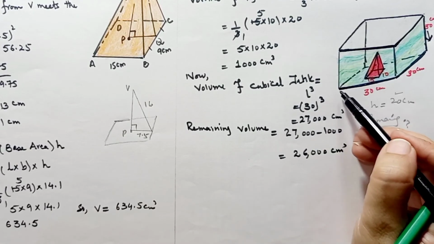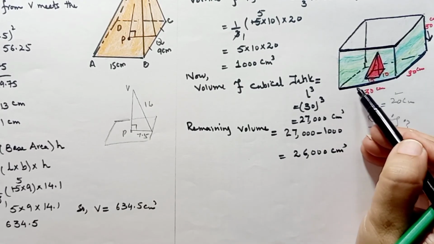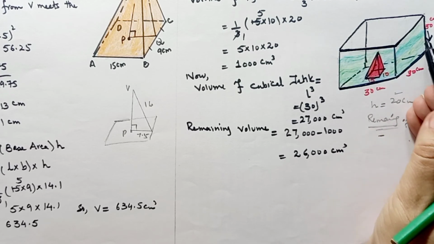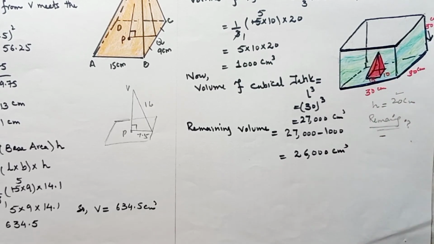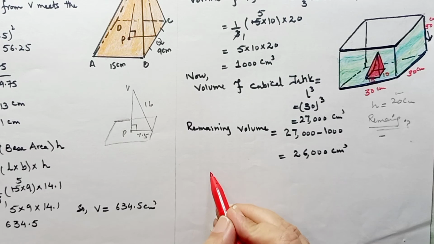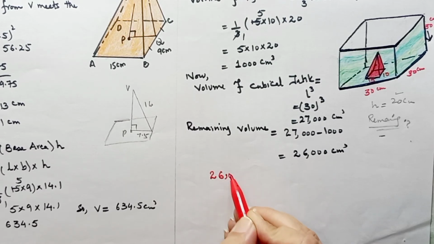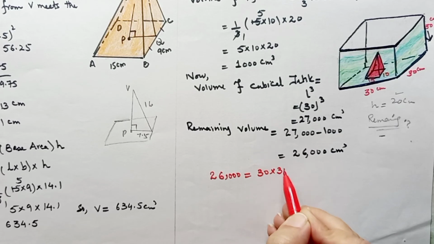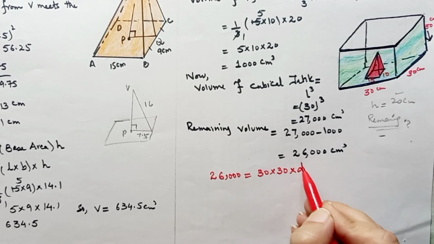In that case, water will remain in contact with the base, but the fall will come in the height. So the remaining volume 26,000 will be equal to 30 multiplied by 30 multiplied by the depth of water.